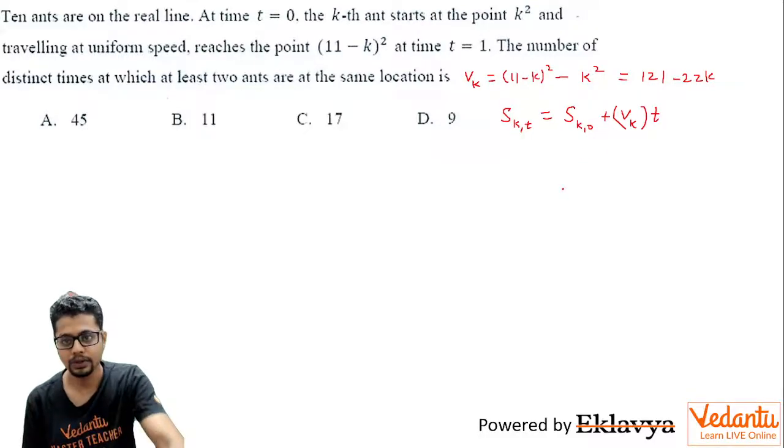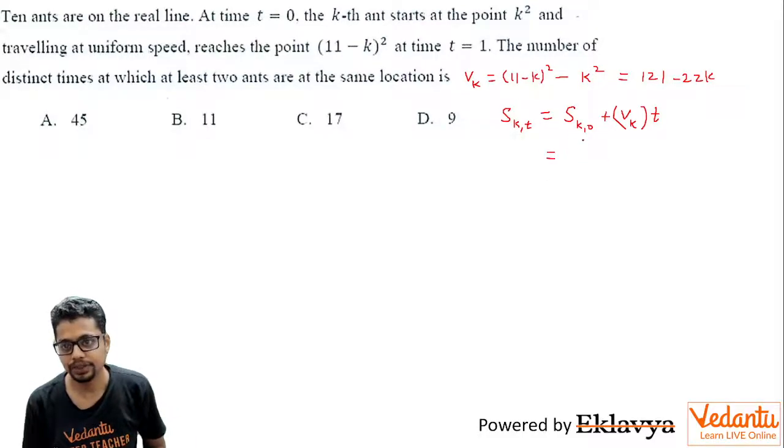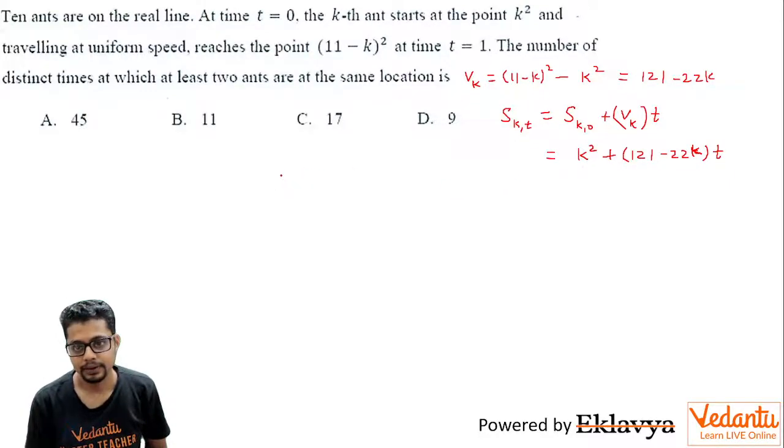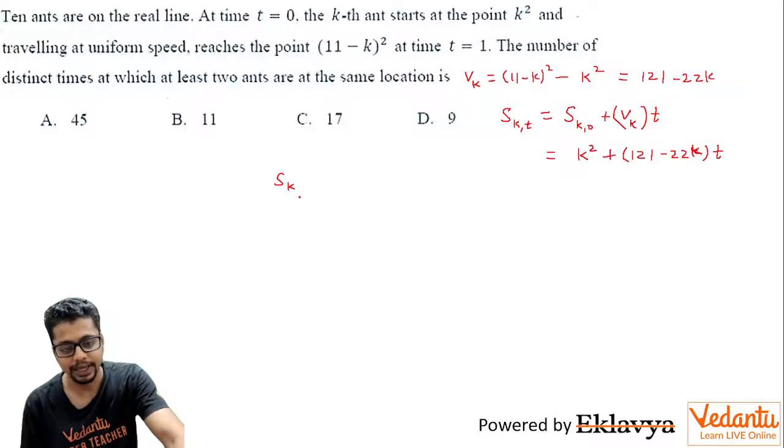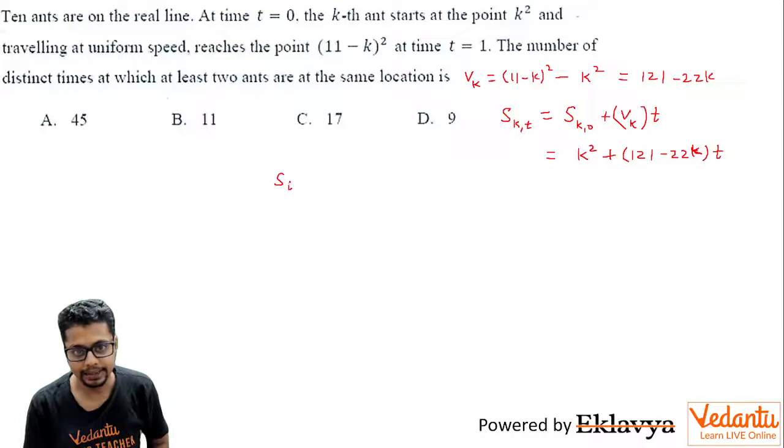So here the initial position is k square. The velocity is (121 minus 22k), times t, right? So here let's say s_k, or rather let me use s_i, the ith end is meeting the jth end at time instant, let's say t.